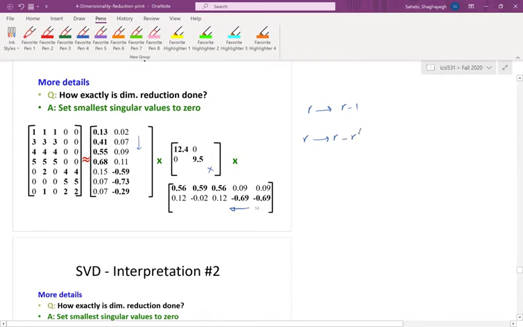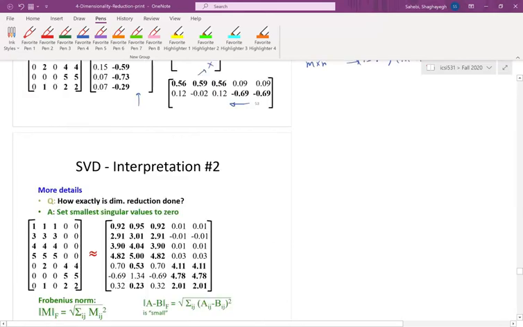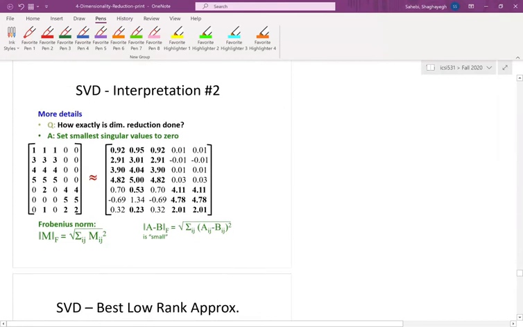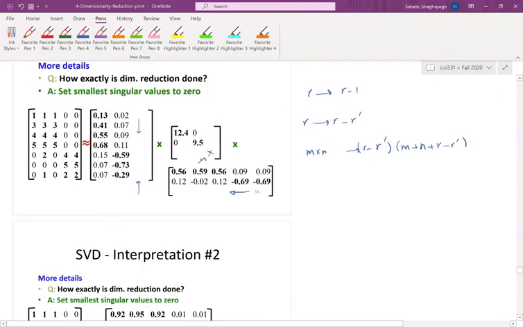So what remains is that basically I'm representing my original m by n matrix with m plus n plus r minus r prime matrix. Okay? So basically we are reducing concept dimensions to represent our data. Again, what we get out of these multiplications are not going to be exactly the same as our original matrix, right? But they are going to be close.